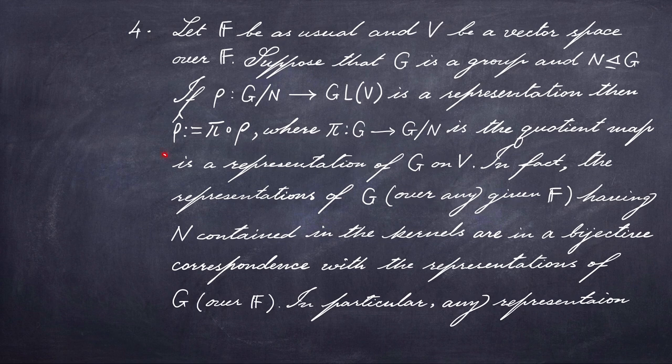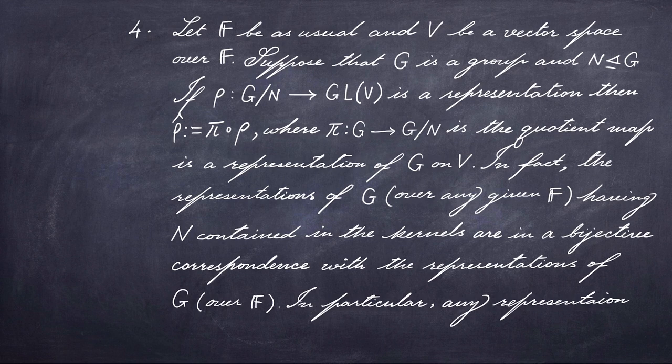So we see that the representations of the quotient group G modulo N and the representations of G which have N contained inside the kernel are in bijective correspondence.